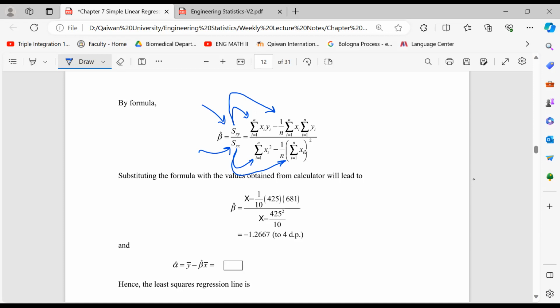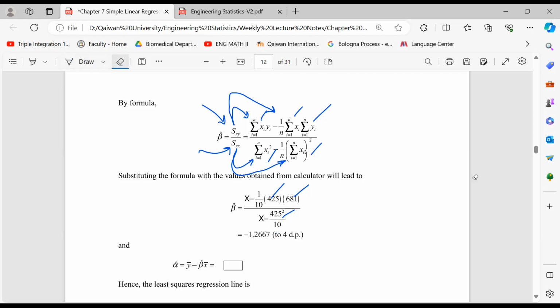From the given data, it's easy to calculate each of these. I told you in the sample how to find them. The sum of yi is 681. The sum of xi is 425. The sum of xi all squared is 425 squared, and this 10 is for 1 over n.